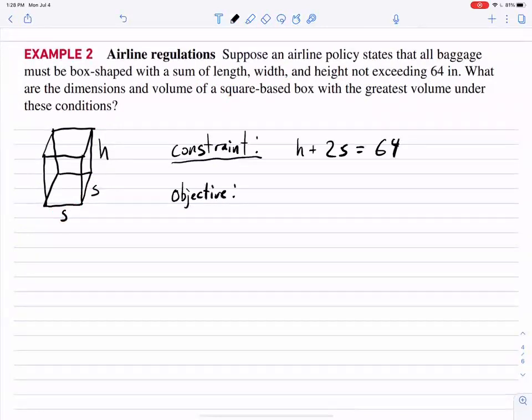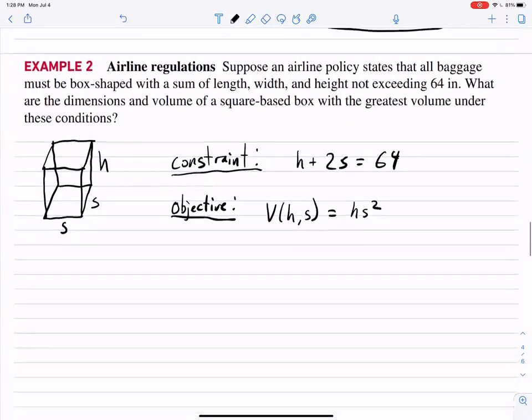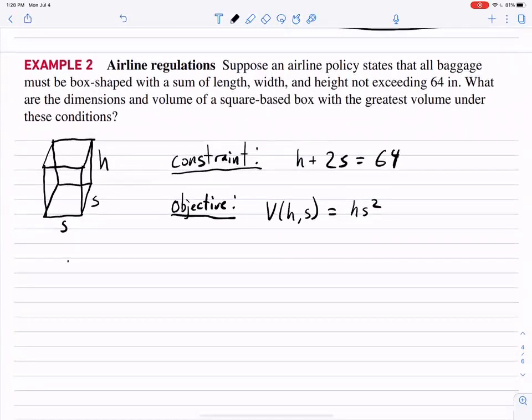What is our objective function? What is our objective? It's going to be the volume, as a function of H and S. And what is the volume? It is H S squared. That is the volume of our box. And so we get that H is equal to 64 minus 2S by the constraint.